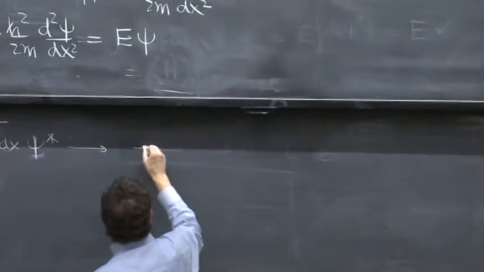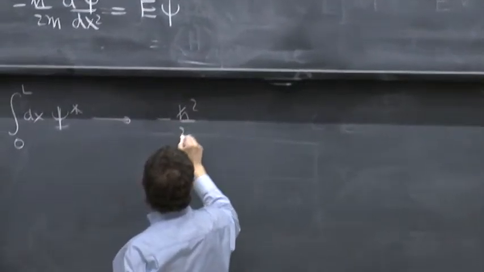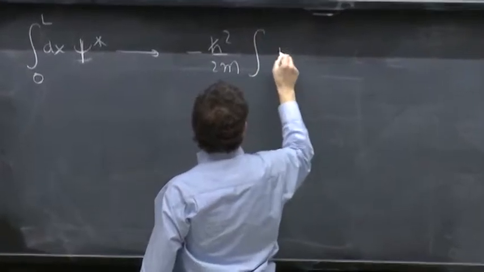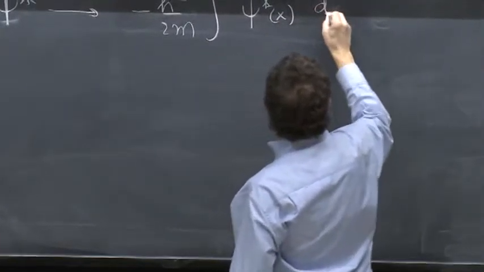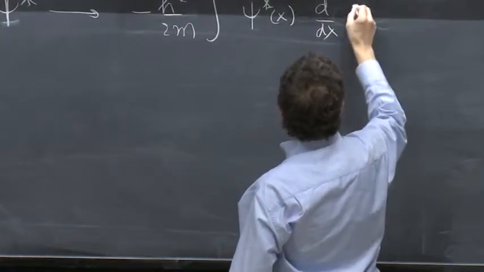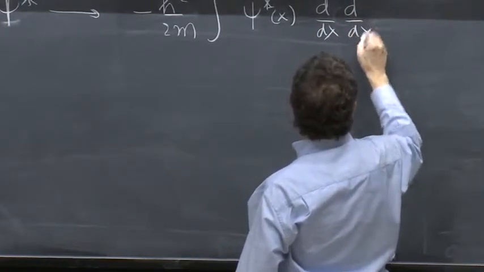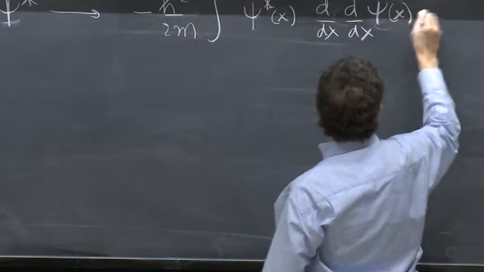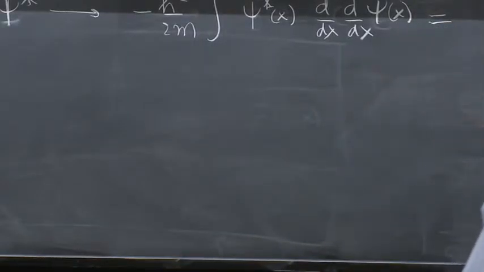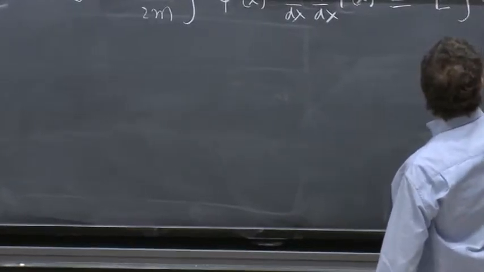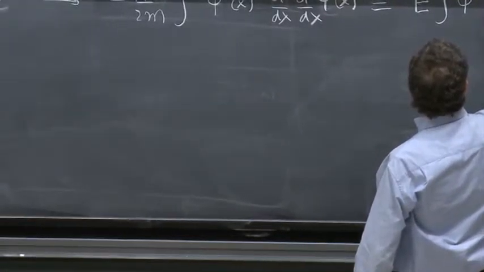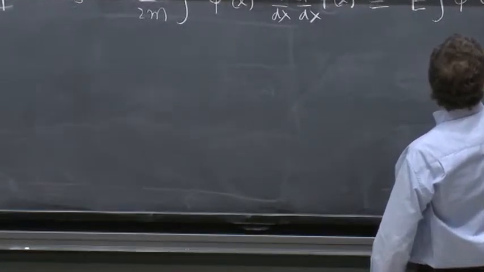And what do we get? Minus h bar squared over 2m, the integral of psi star of x, d dx of d dx psi of x, is equal to E times the integral of psi star psi dx.